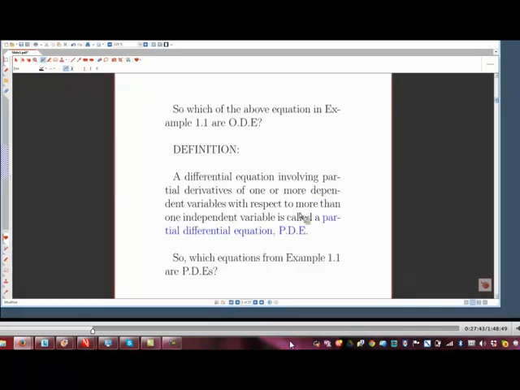If you have more than one independent variable, it is called a PDE. The course is all about ODEs, but you should know at least the difference between ODE and PDE. From now onwards, we will only focus on ODEs. So we figured this out.